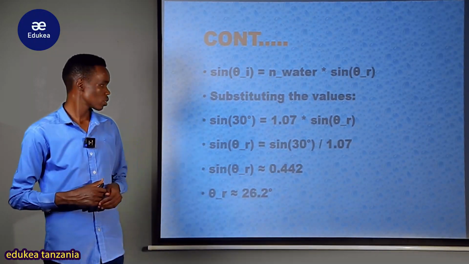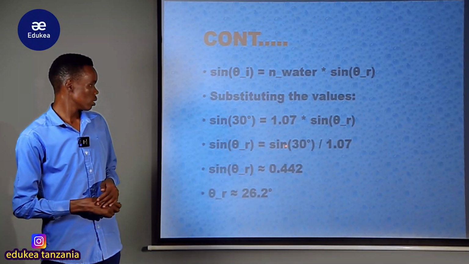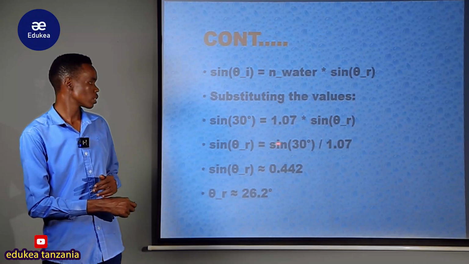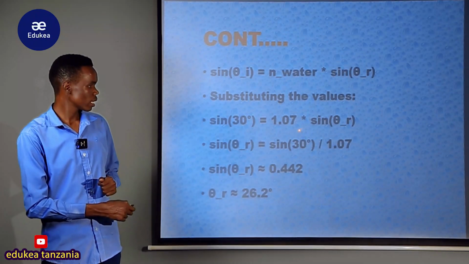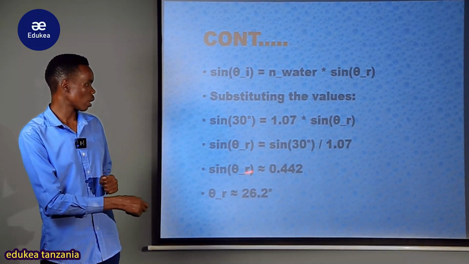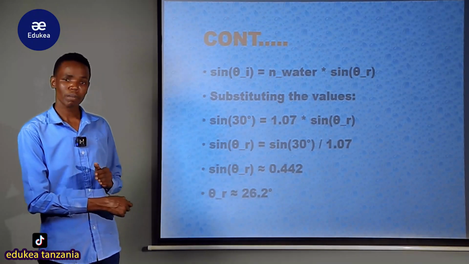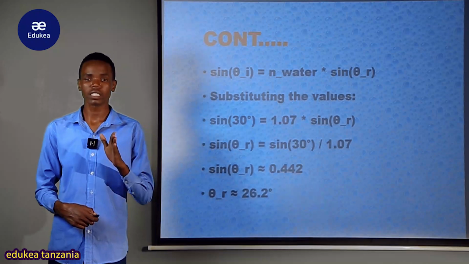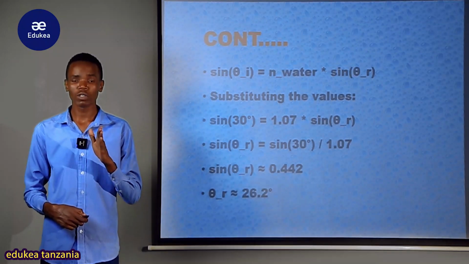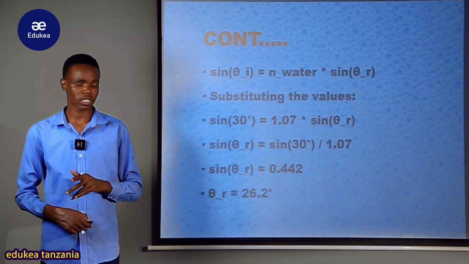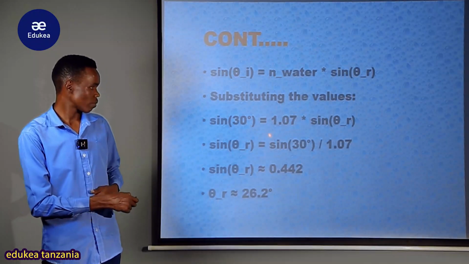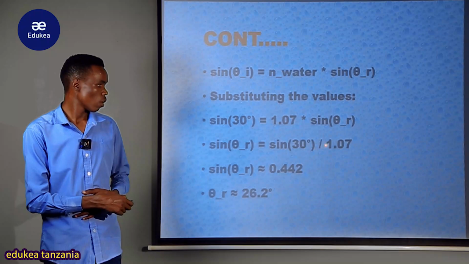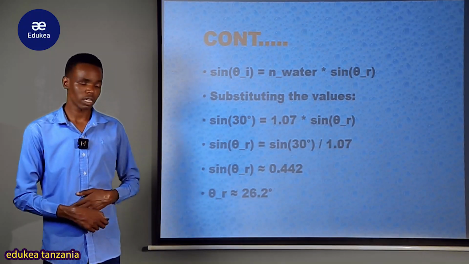After that, my dear student, you will divide by 1.07 on both sides. The purpose of dividing is to make the sine of the angle of refraction the subject. After dividing, you will get sine 30 degrees over 1.07.